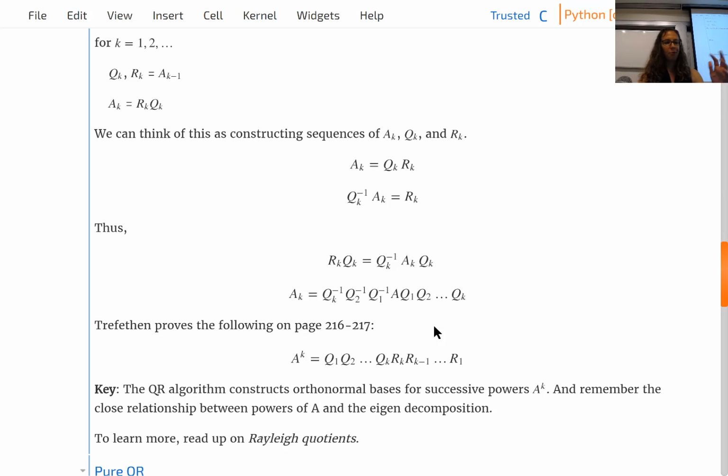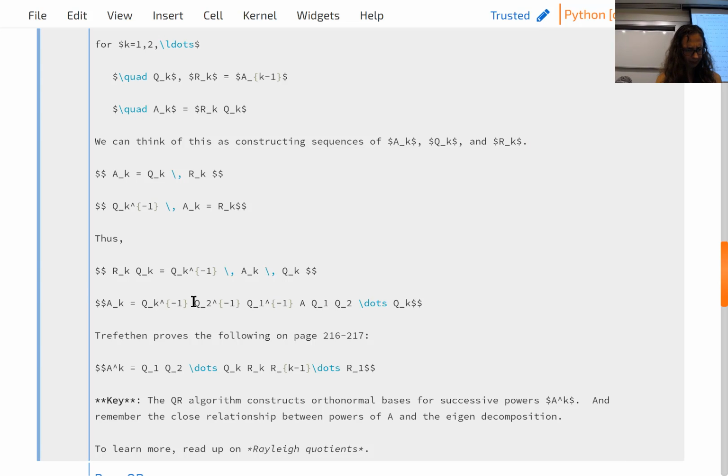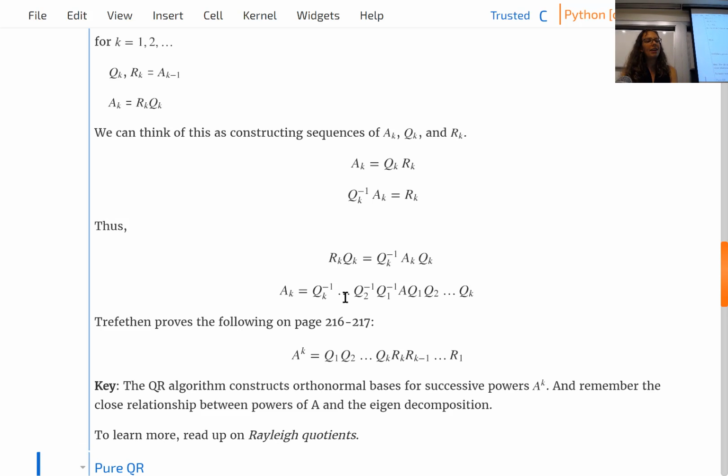We're not going to do all the proofs, but the idea here is that by getting the QR factorization and then switching, we're repeatedly applying similarity transformations to A. So after a bunch of iterations, we end up with Q_k inverse, dot, dot, dot, down to Q2 inverse, Q1 inverse, times A, times Q1, times Q2, dot, dot, dot, up to Q_k.